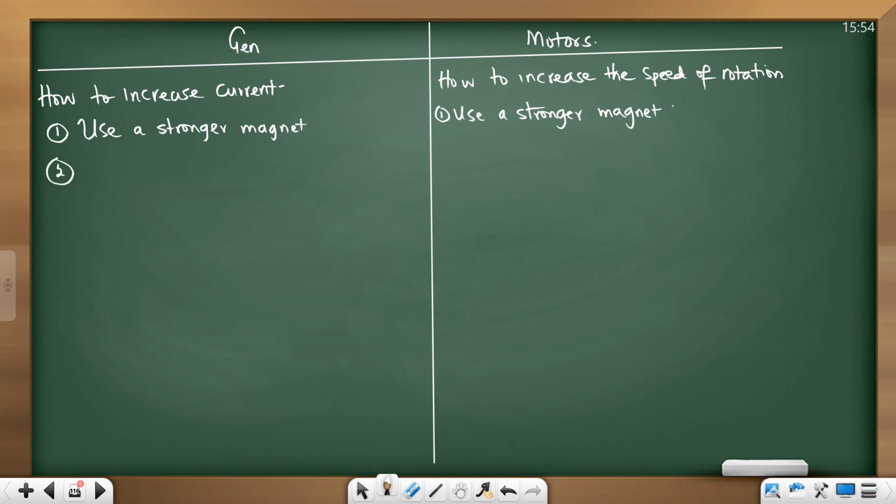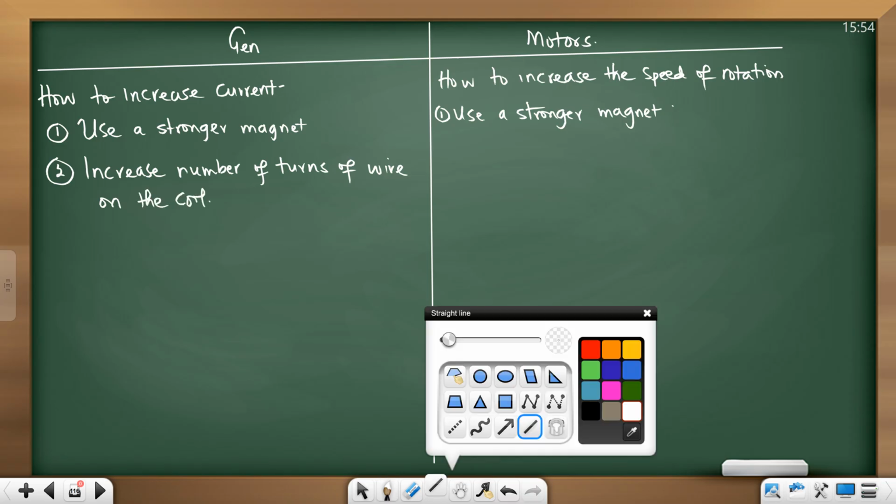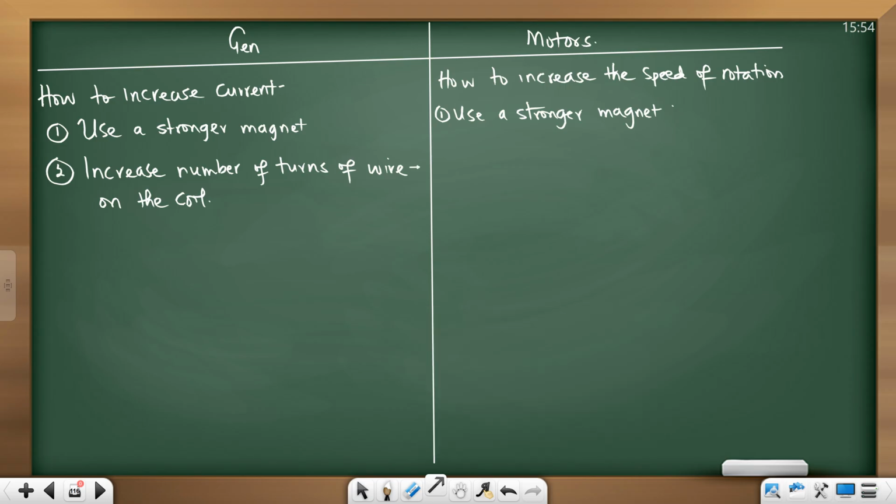How do we increase current? Increase the number of turns of wire on the coil, which is the same as this one.